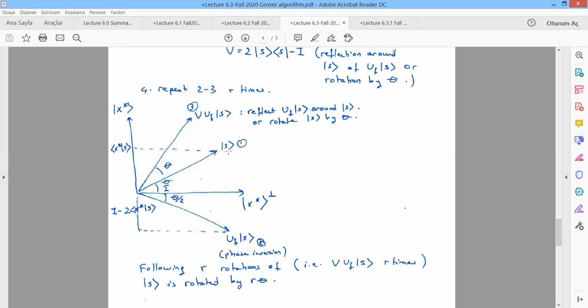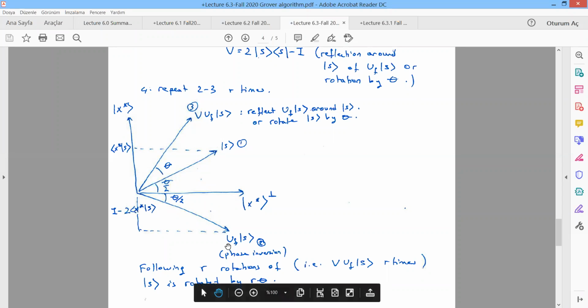So you start with |s⟩, you apply U_f, and you reflect around |x*⊥⟩. At step two, after you apply U_f phase inversion, the vector is here. And then at step three, you apply the V operator to this U_f|s⟩.